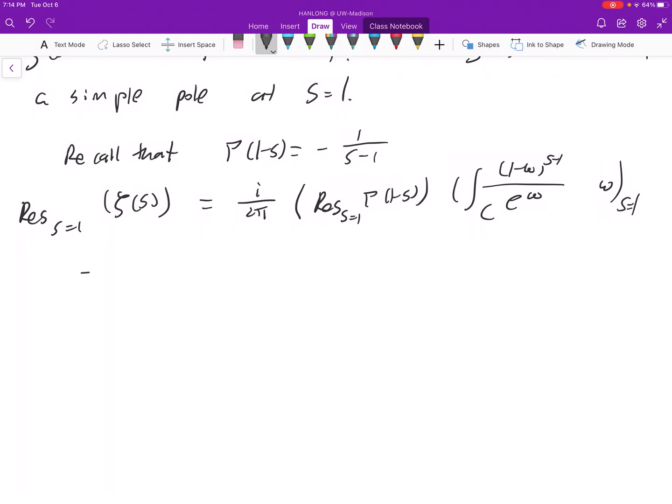Okay, then we find it is i over 2 pi times negative 1 times 2 pi i equals 1.